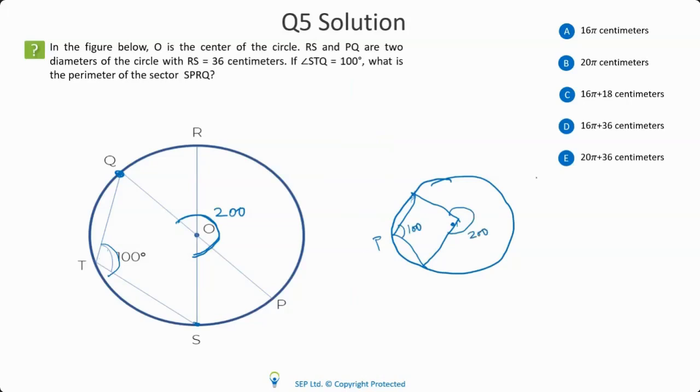Now, the second thing is what do I need to find out? Here is something I wanted to talk about: you should read what they are asking in the question. There's a difference between when I say perimeter of sector SRPQ and when I say length of arc SPRQ.